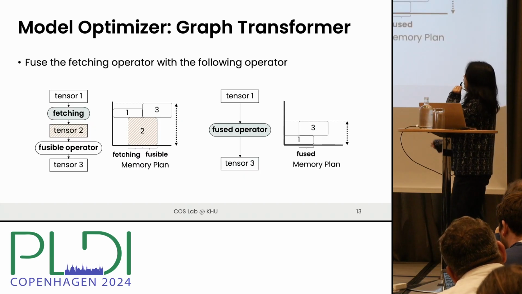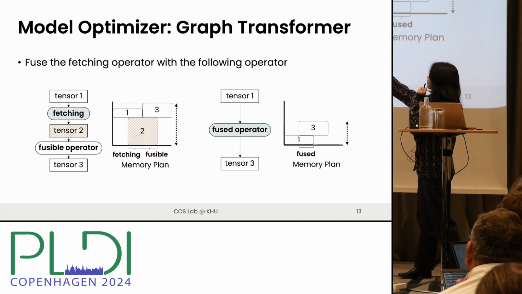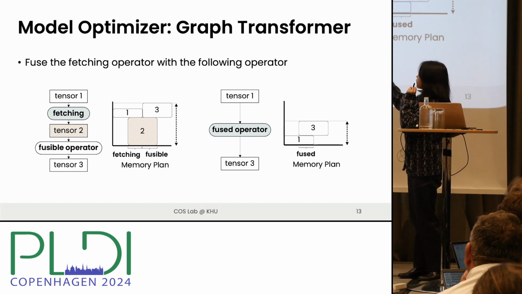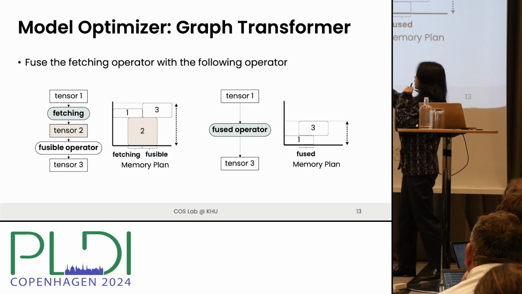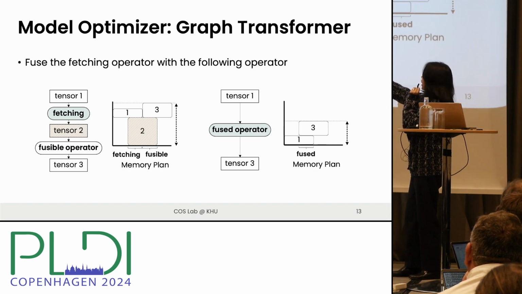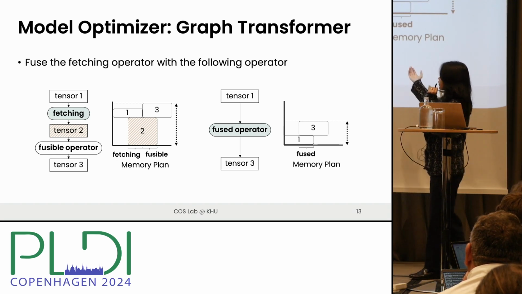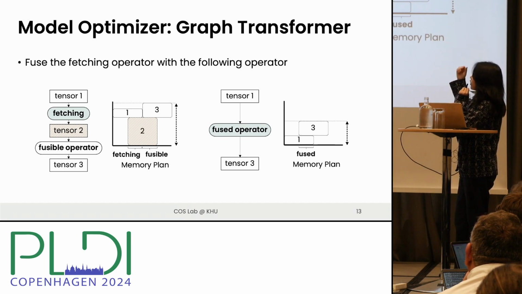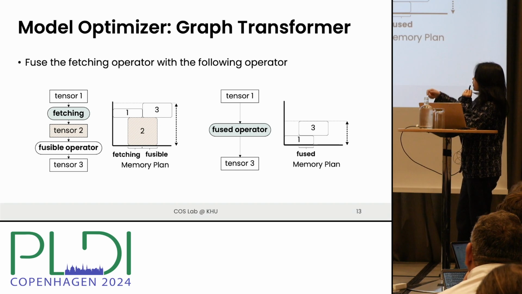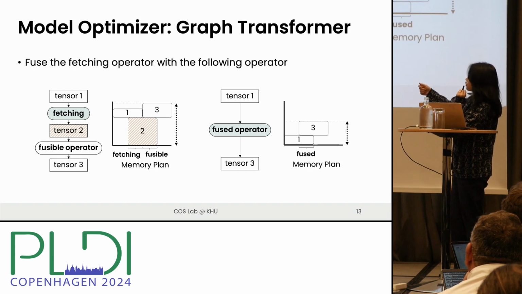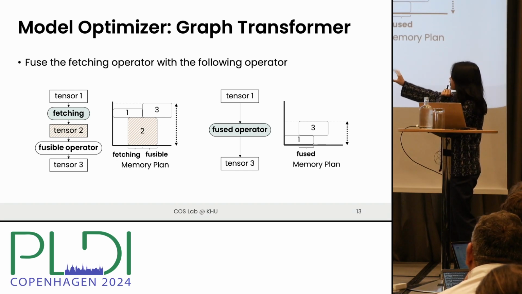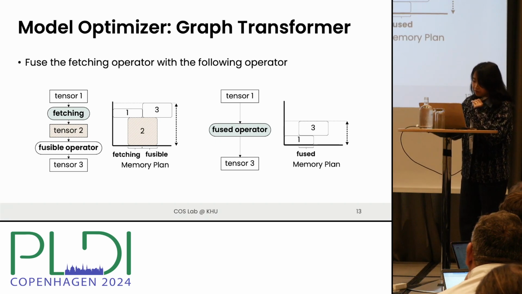And after that, the graph transformer tries to fuse the fetching operator with the following operator, because if the fetching operator outputs the large interim tensor, then it tries to fuse the fetching operator to remove that large interim tensor.